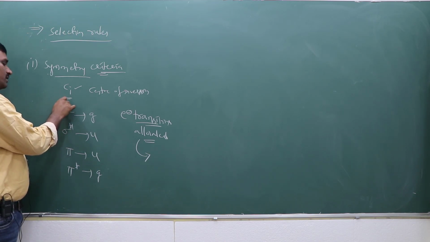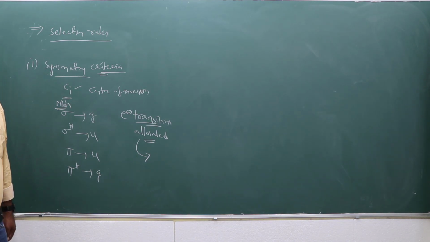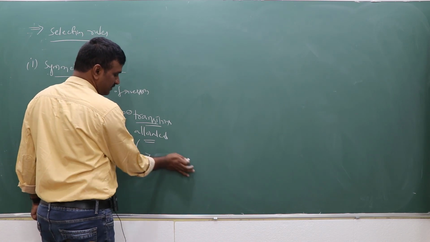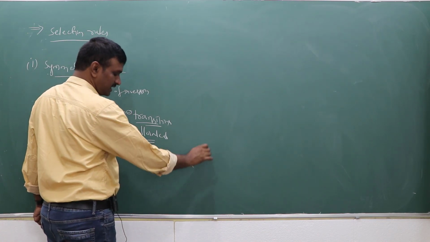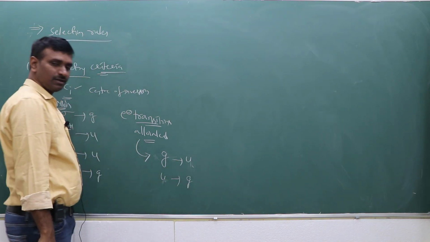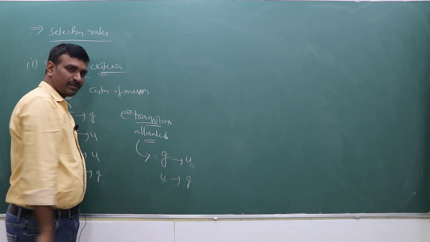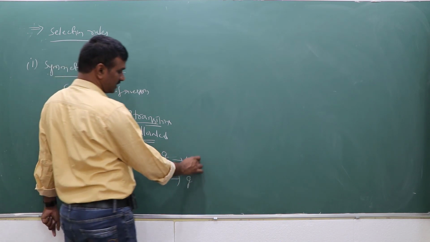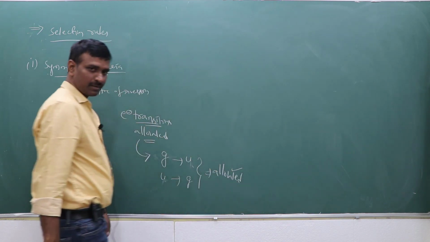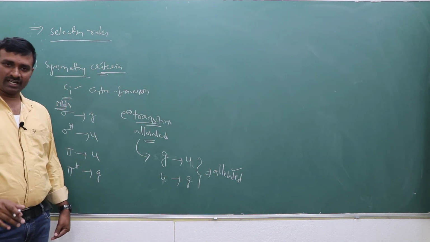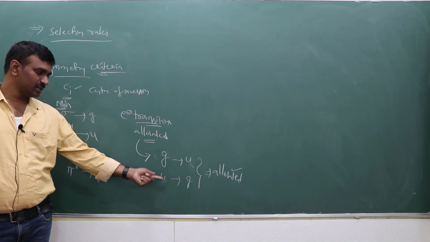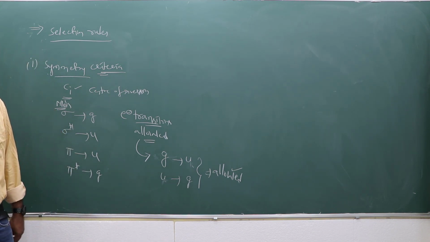Molecular orbitals having the same symmetry are not allowed. So if it is gerade to ungerade and ungerade to gerade, which have different symmetry, these electronic transitions should be allowed transitions. Even though bonding to antibonding and non-bonding to antibonding are possible, the electronic transitions allowed based on the symmetry rule are gerade to ungerade and ungerade to gerade.